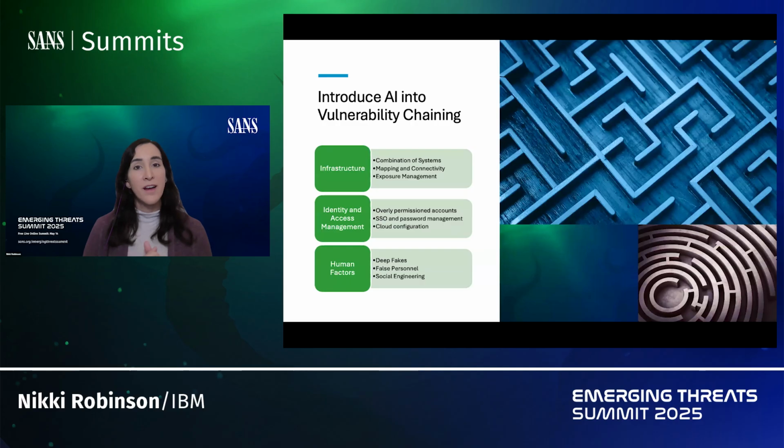SSO, single sign-on, passkeys, password management, all of those things are still very much in the picture and can contribute to and or inhibit vulnerability chaining attacks from occurring, which when we're talking about very complex systems, if you're building a massive infrastructure and leveraging an AI model for some use case, what can happen is you have to give access to either the model or to people to have access to the model.